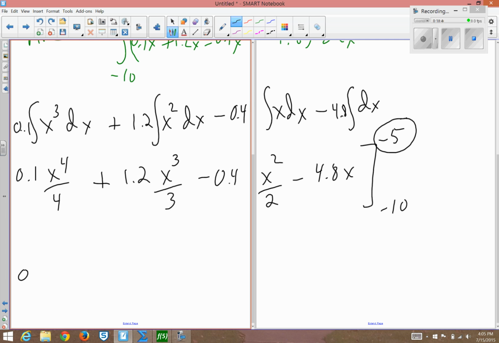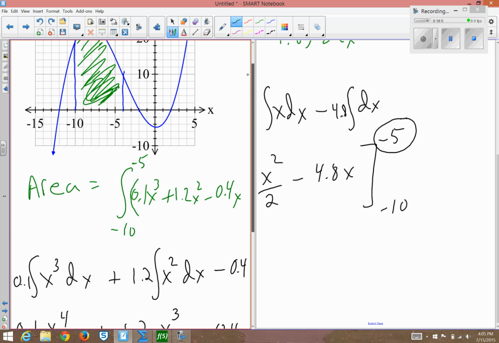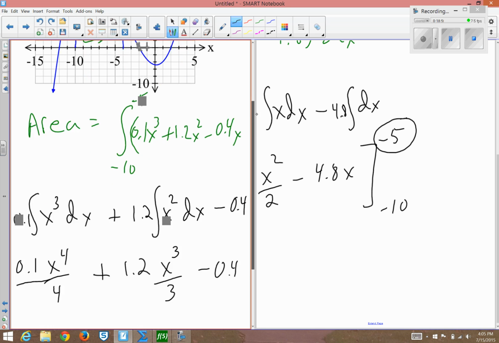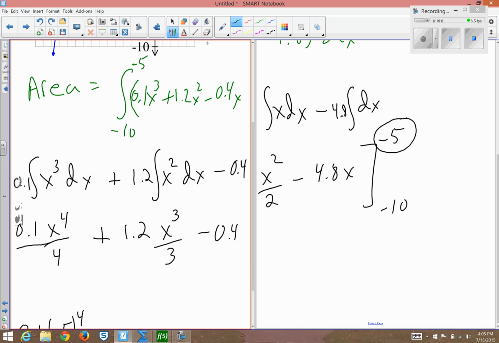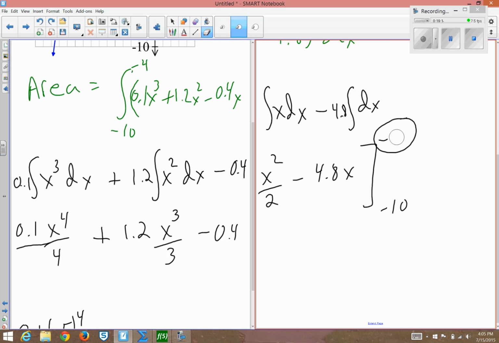So I'm writing 0.1 times negative 5 to the fourth over 4, because you can extend this line, plus, actually, I think it was supposed to be from negative 10 to negative 4, wasn't it? So hang on, I'm going to fix this all. That was supposed to be a negative 4. Didn't need that yet, so it's okay. That's supposed to be a negative 4.